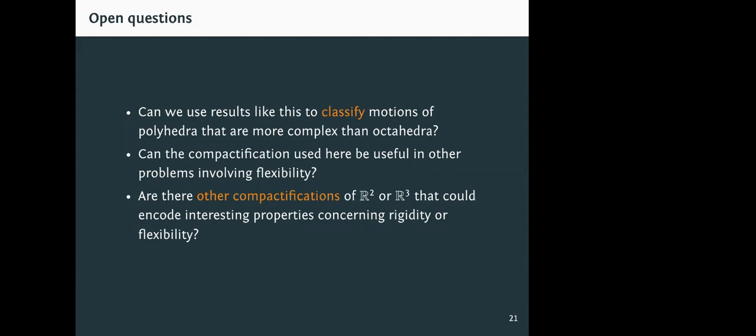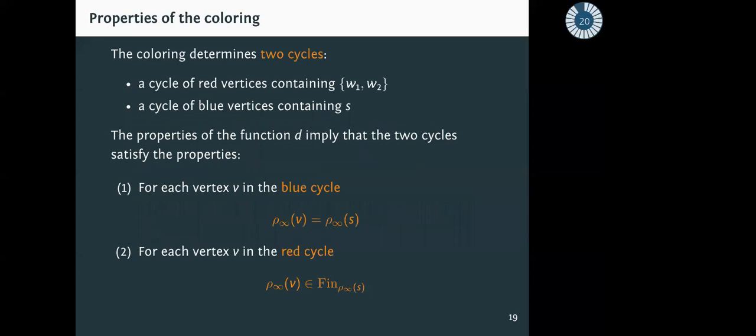So, okay, this is what I wanted to tell you. Let me say this: the properties that I stated follow from both the properties of the function D and some combinatorial arguments that you do on this graph.